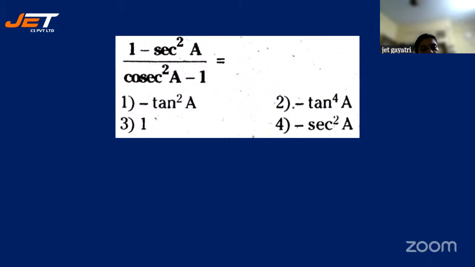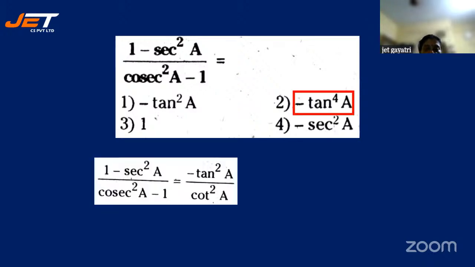All right, so here the formulas can be very easily used. How? 1 minus secant square A is nothing but minus tan square A. Isn't it? So secant square theta minus tan square theta is equal to 1. Right? So when you want 1 minus secant square theta, it becomes minus tan square theta.